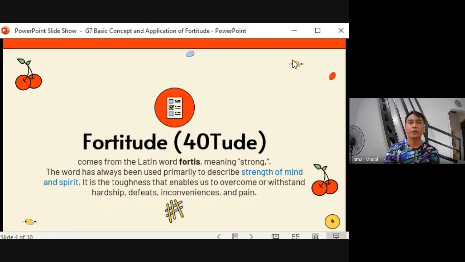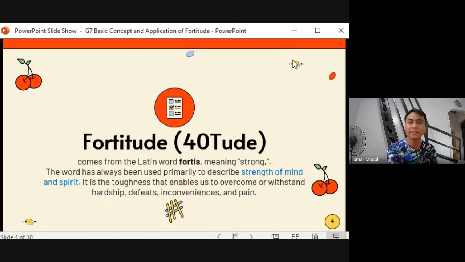Meaning to say, when we talk about fortitude, it's not only the physical strength; it is also the strength of our will, the strength of our mind, the strength to overcome obstacles in life, and the strength to face through challenges in our life. Okay, so it's toughness that enables us to overcome or withstand hardship, defeats, inconvenience, and pain.